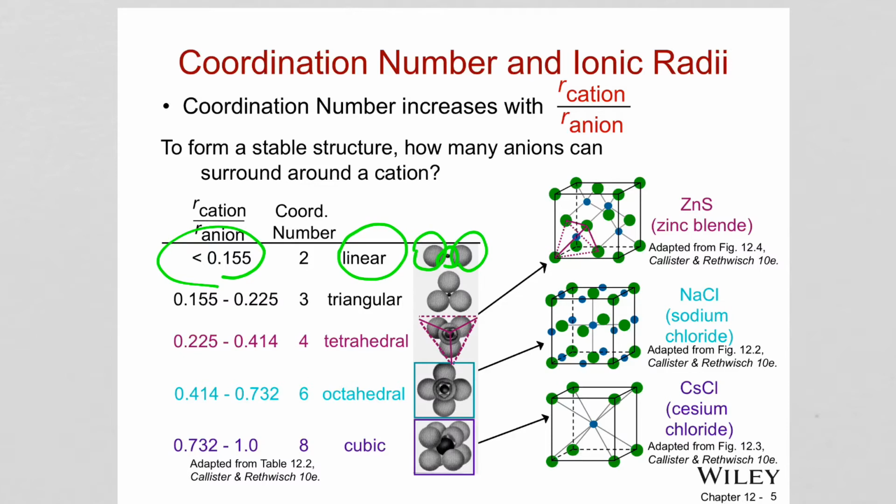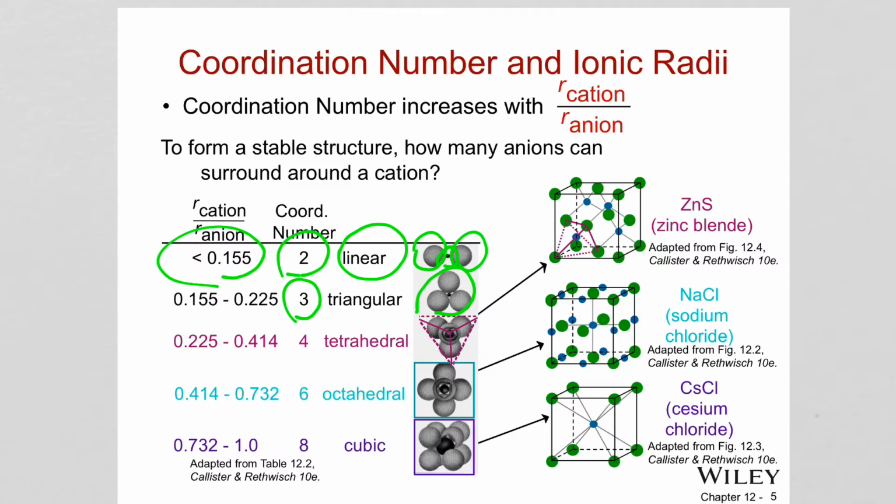and this of course has a coordination number of 2. When the coordination number is 3, this is the type of packing here, so this means that each cation is surrounded by 3 anions in the form of a triangle, and the cation is located in the center.